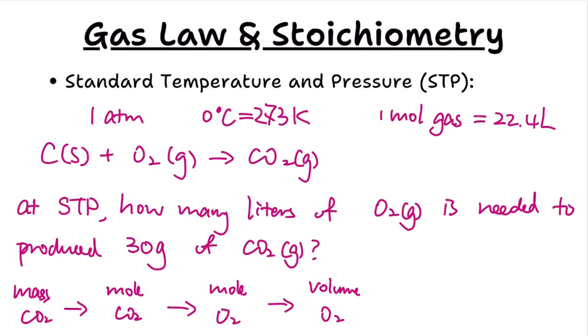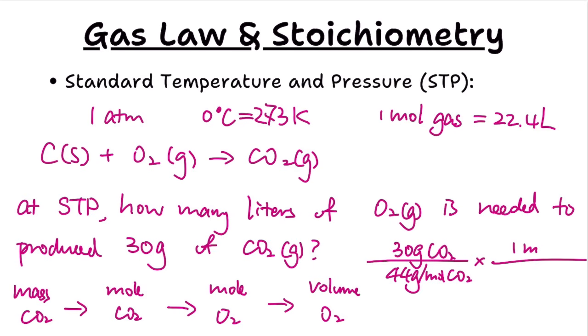So how I calculate it will be 30 grams of the carbon dioxide divided by 44 grams per mole of the carbon dioxide. Now I have the number of moles, and then I multiply it by the mole ratio. So for every 1 mole of the carbon dioxide produced, 1 mole of oxygen is required.